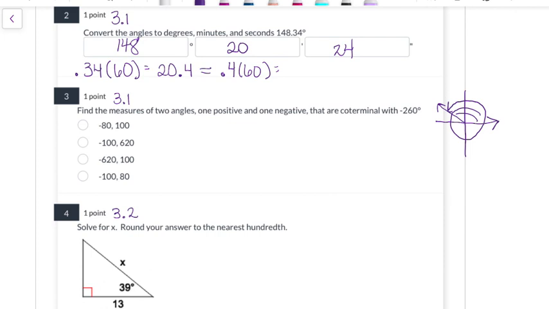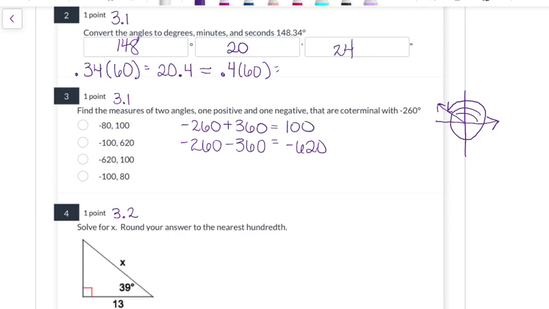How do I figure out what coterminal is? I add 360 and subtract 360, and I can do that multiple times because I can go around the circle 5 times and then a little more. So I can keep adding 360 or keep subtracting. So this is negative 620 and this is 100.